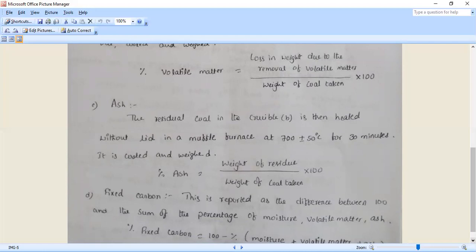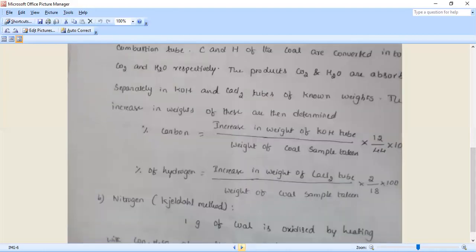Temporary hardness equals total hardness minus permanent hardness. Similarly here, percentage of fixed carbon equals 100 minus the percentage of moisture plus volatile matter plus ash. So we get the content of fixed carbon present in the coal sample taken for proximate analysis.